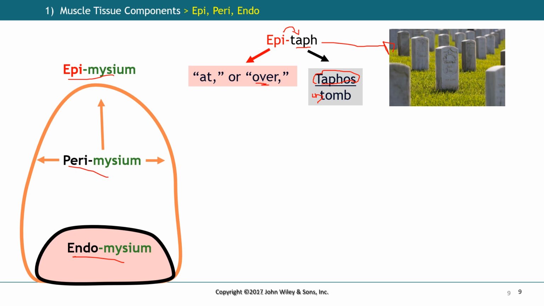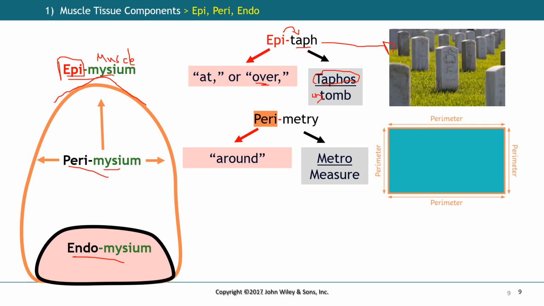So when you see this epi, it's something that goes on top of mysium, and mysium, of course, is muscle. So it's the connective tissue that goes on top of the muscle. So it goes here on top. Now, perimysium. So mysium will be muscle, and peri, if you remember, perimetry or perimeter.